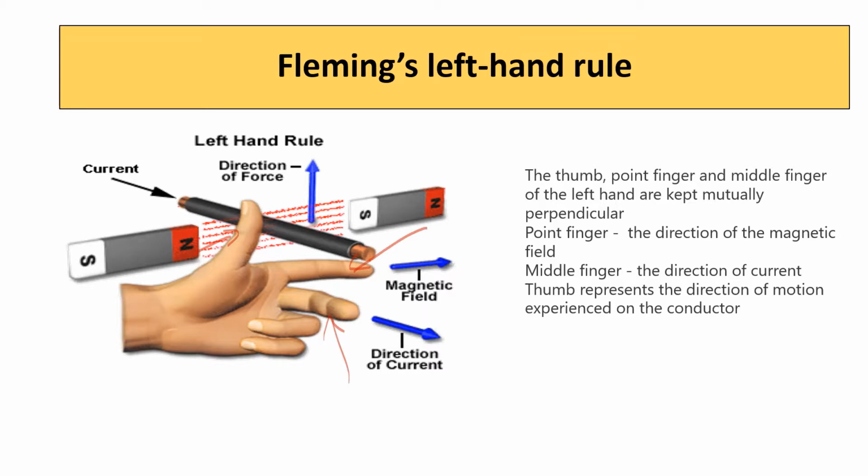The pointer finger represents the direction of the magnetic field. The middle finger represents the direction of the current. Then the thumb will give you the direction of the force on the conductor.